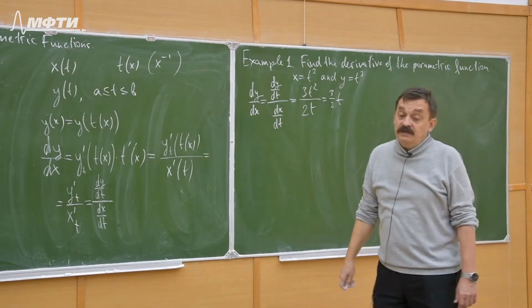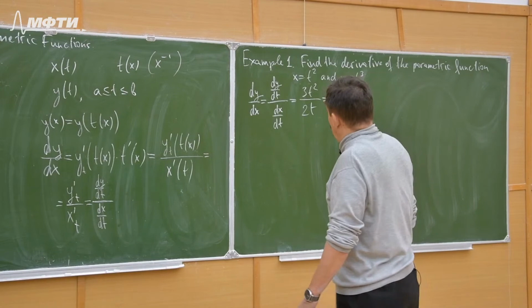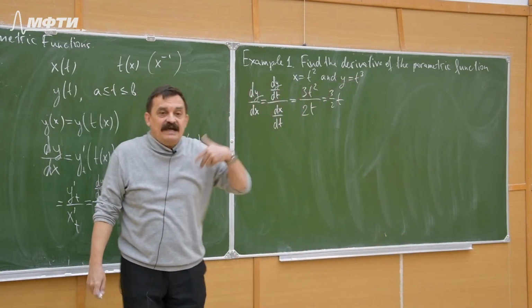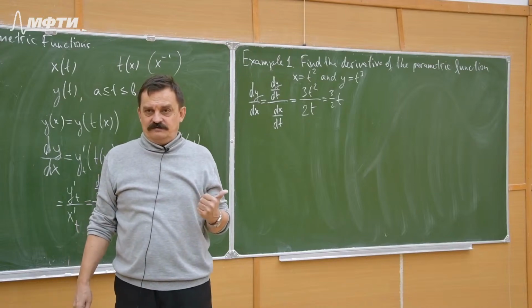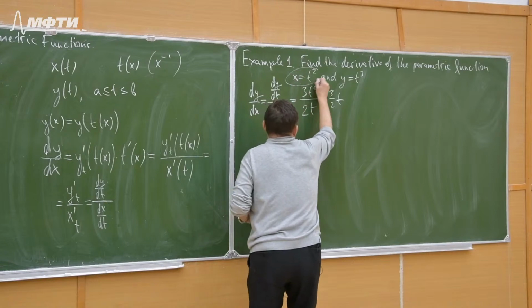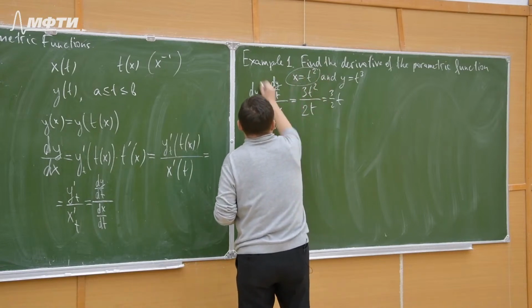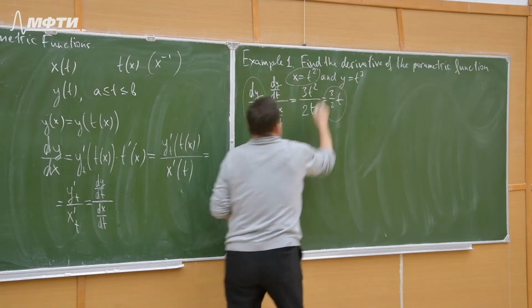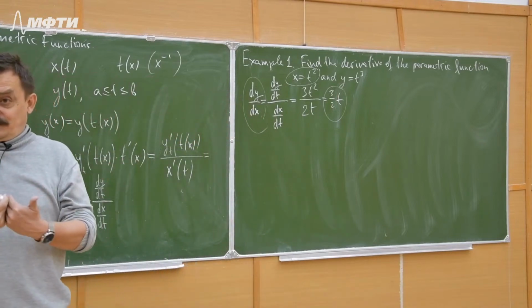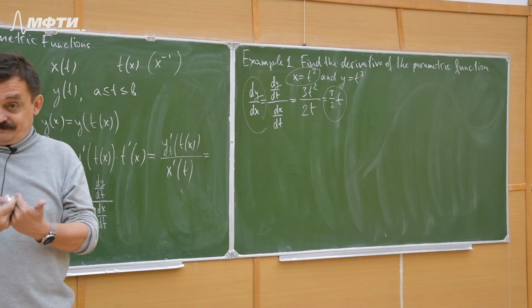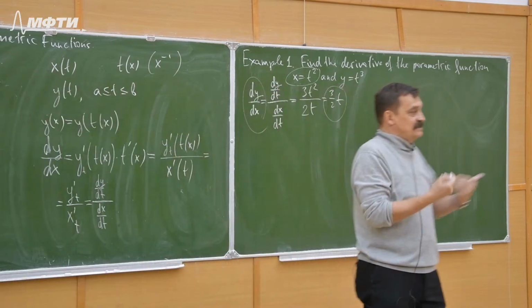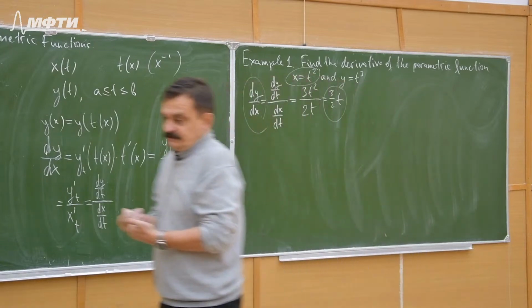So it means that the derivative of the parametric function is again a parametric function. What does it mean? We have x equals t squared and dy over dx equals 3t over 2. So once again, we have a parametric function. So the derivative of a parametric function is again a parametric function.